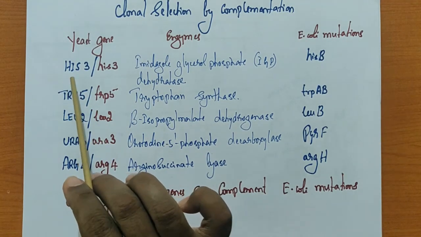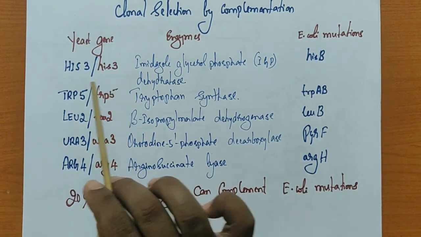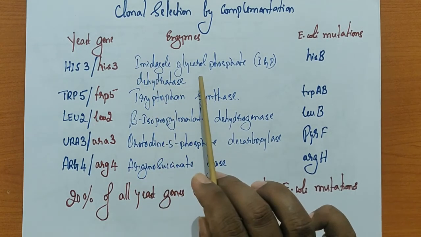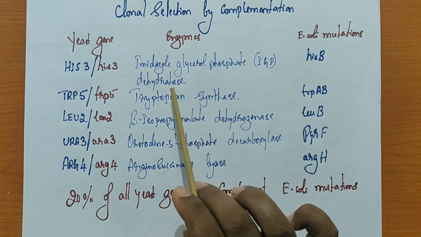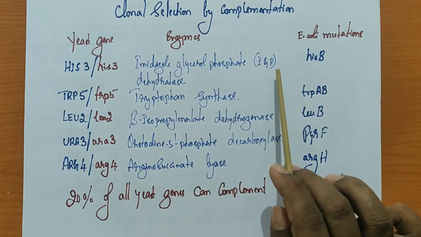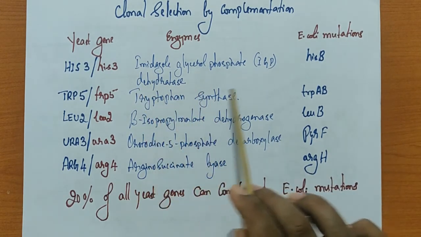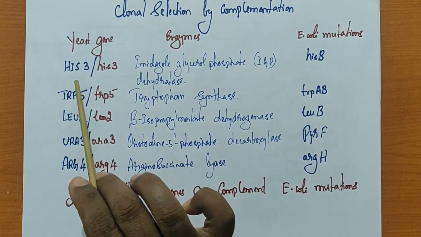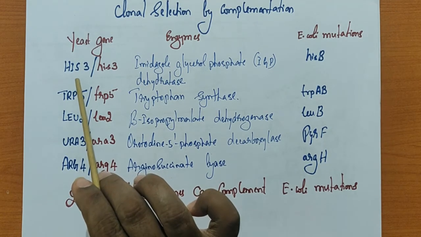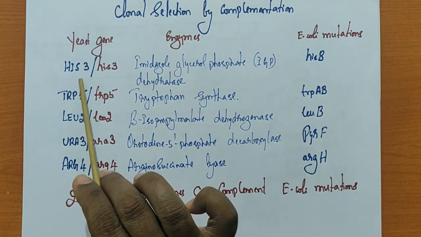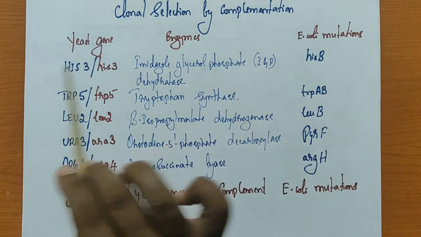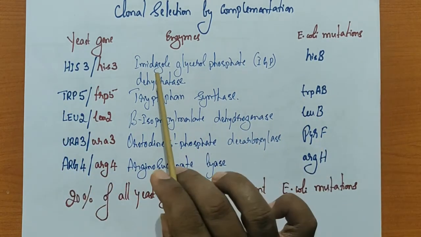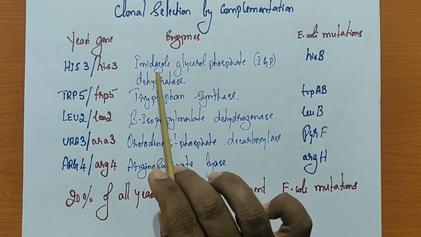Now histidine 3 involves the gene product imidazole glycerol phosphate dehydratase, or IGP dehydratase. This enzyme is very important for the synthesis of histidine, especially in the histidine pathway. If histidine is not produced, then this mutant does not survive. In order to survive, you have to replace this mutated gene.